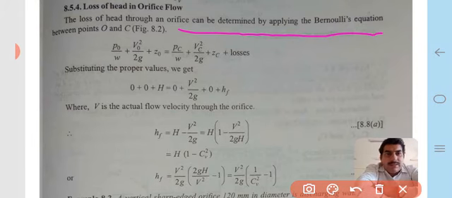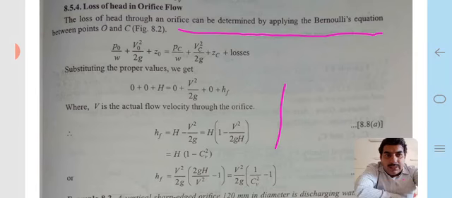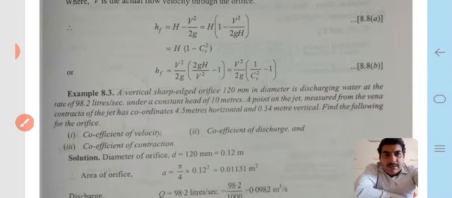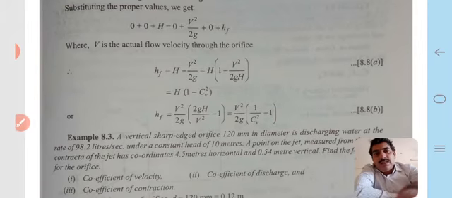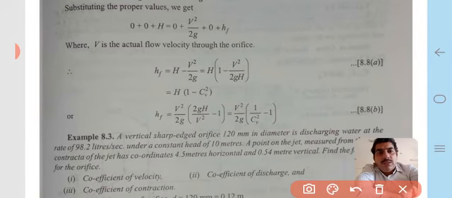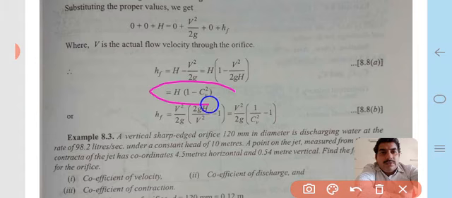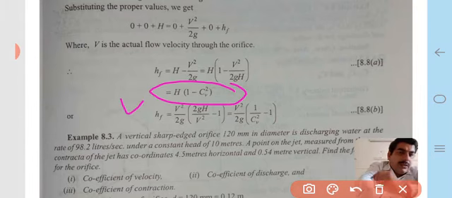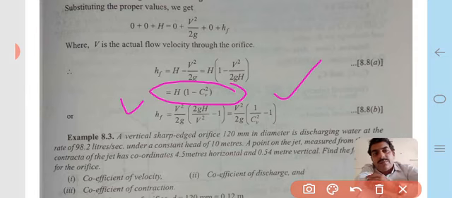Therefore the actual head loss is equal to H minus V square upon 2g, and it can be written as Hf equal to H into 1 minus Cv square, and therefore head loss is equal to V square upon 2g into bracket 1 upon Cv square minus 1.